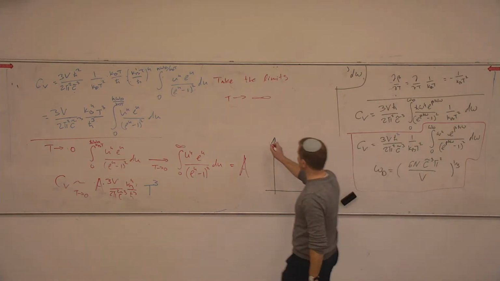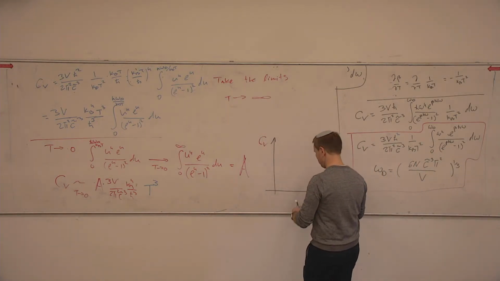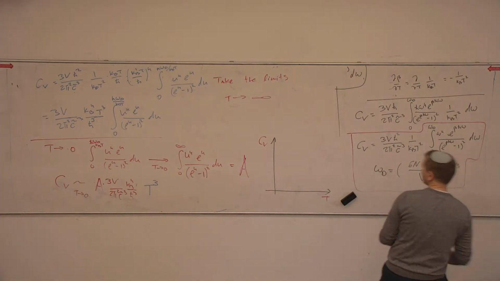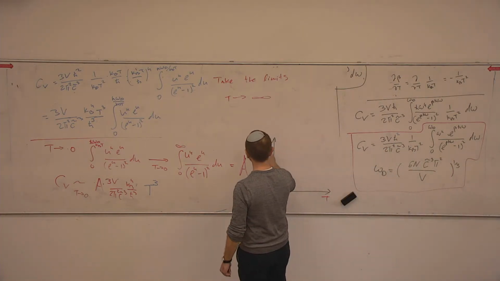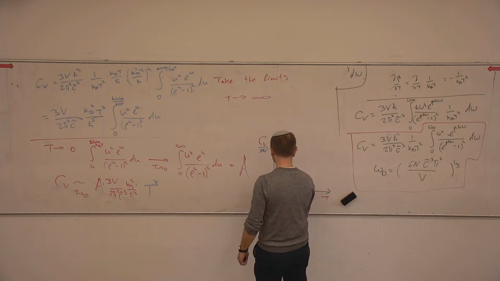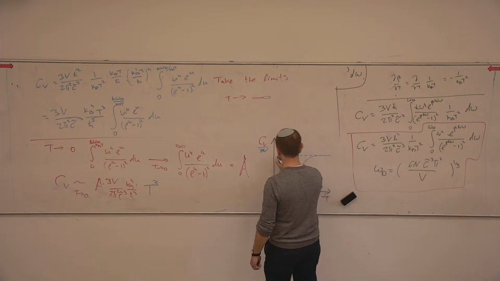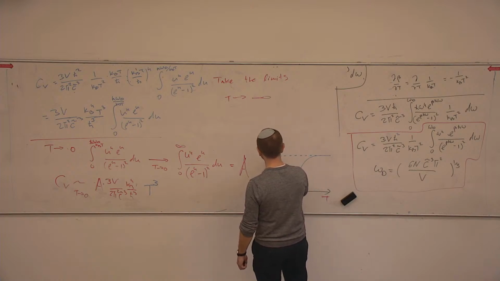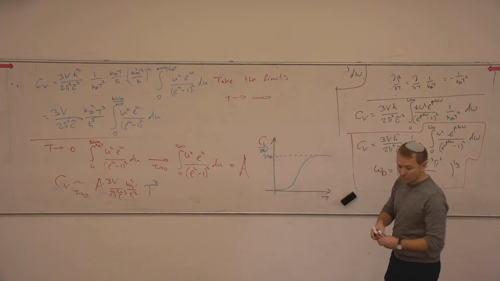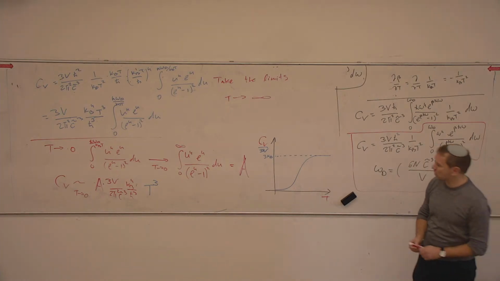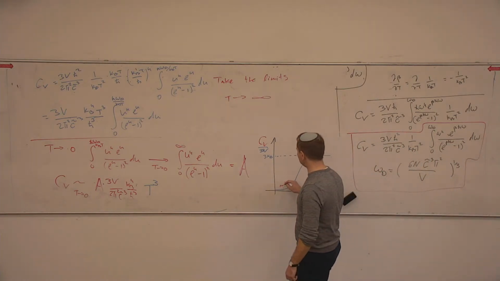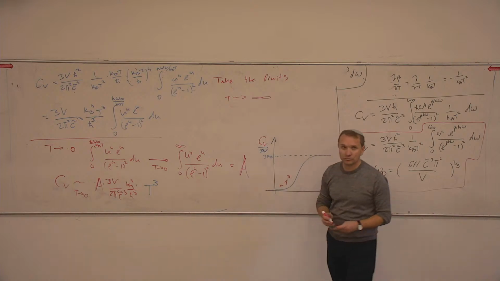So this is Cv divided by 3N, this is T. It went to a constant, 3 kB, and the convergence towards 0 was proportional to T to the third.